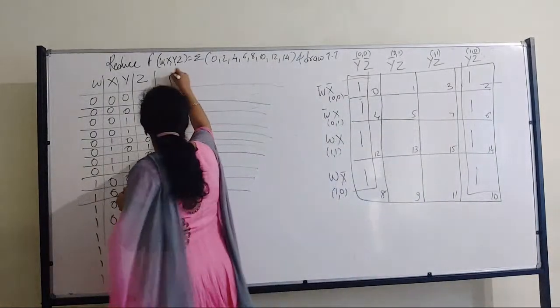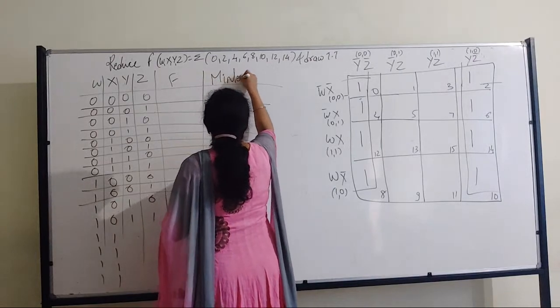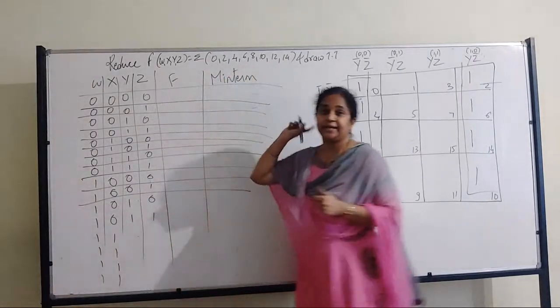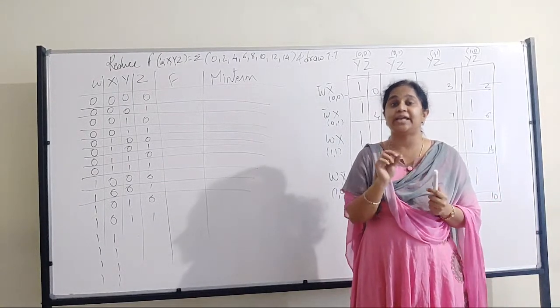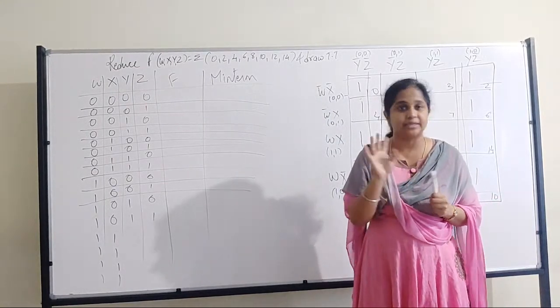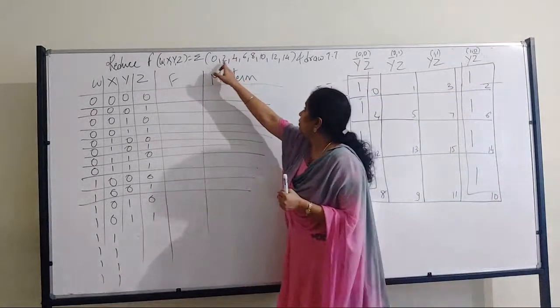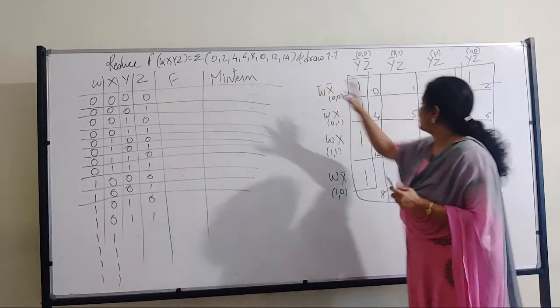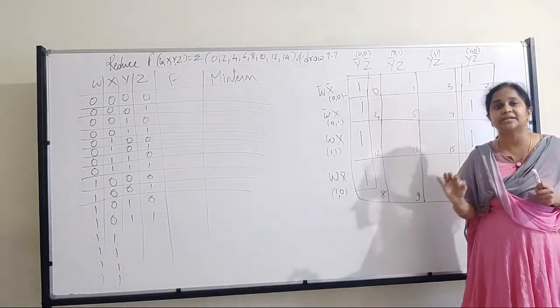Function. See, this will be the headings. Now function means what are the values which creates a result as 1. See, the result will be either 1 or 0. Now 0, 2, 4, 6, 8, 10, 12, 14 which we have already marked are the ones which has created the result as 1.